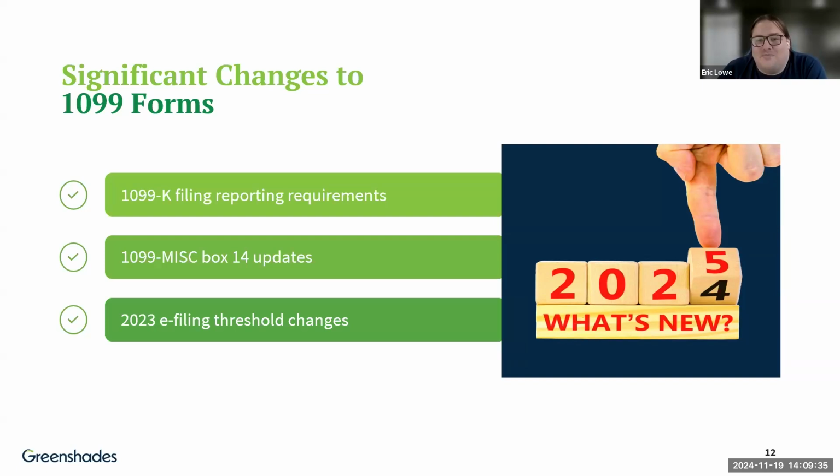With that, I'll jump down to the 1099-MISC, or miscellaneous, specifically updates in Box 14. Box 14 is now requiring more detailed reporting for non-qualified deferred compensation. This, again, similar to the last one, is trying to make sure that the right amounts are being filed where they should be. The IRS is trying to make sure that things that shouldn't fall under typical employee wages are being accurately reported, hence why it's on the miscellaneous form.